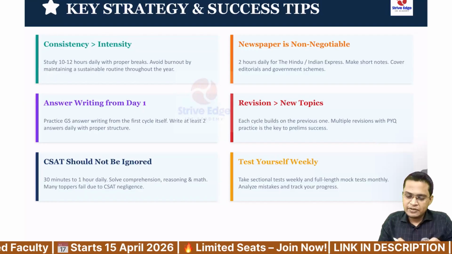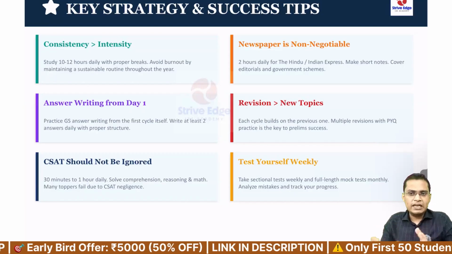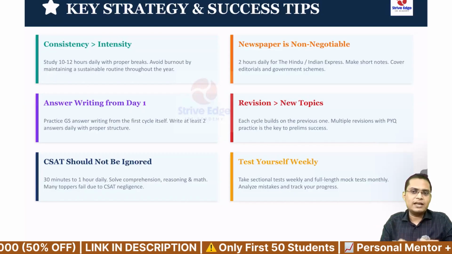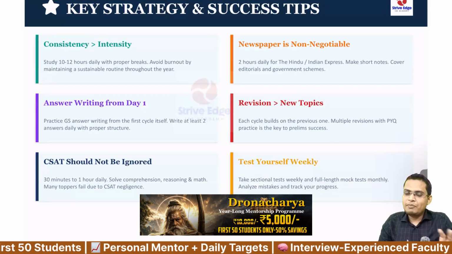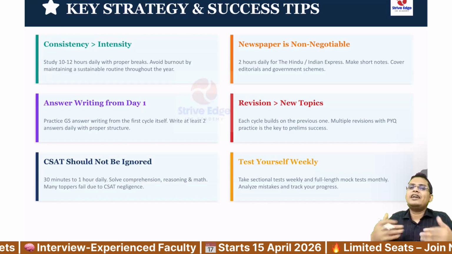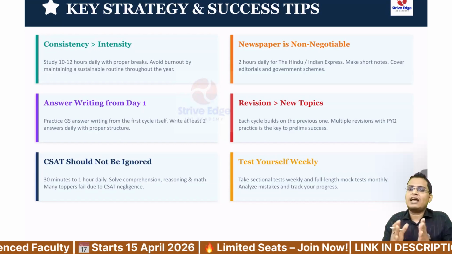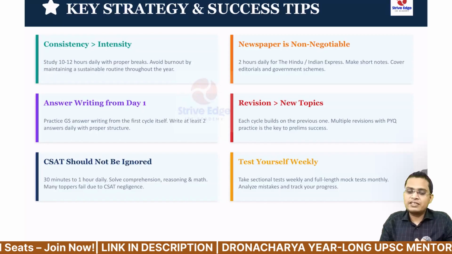For example, if I've given you the target of fundamental rights, there should be a test on fundamental rights. If you do your test daily, at the end of the week you are completing, at the end of the month you are completing, and if you follow your monthly target, the subject is completing satisfactorily, and at the end you are completing everything. So I think a small test of 20-25 questions per day is very essential.